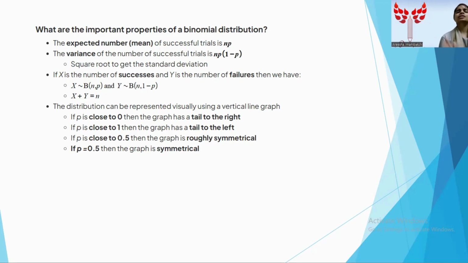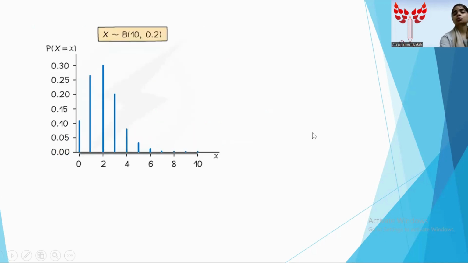Now, if p is close to 0, then you should expect the graph to have a tail to the right. You can see it in the diagram I'm going to show here. It is tailing to the right; it is right-tailed, right skewed. What is happening?